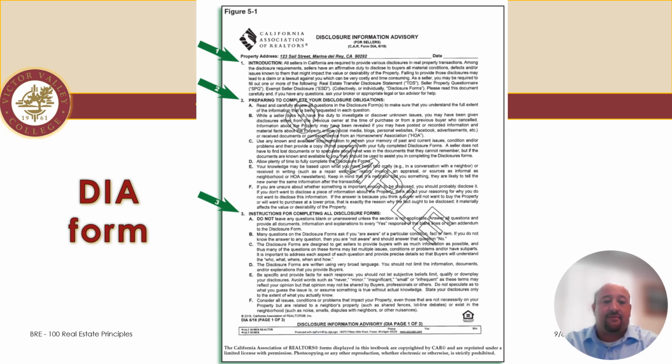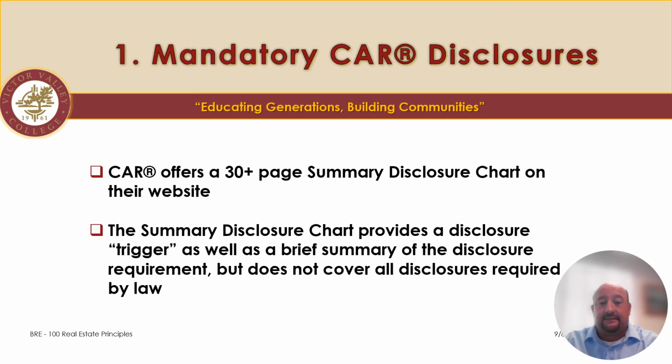Here's an actual copy of the form, and then it does give the seller's introduction, description of forms, how to prepare to complete the disclosure obligations, and the instructions for completing all of the disclosure forms.